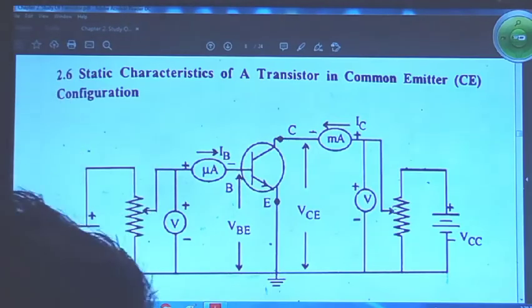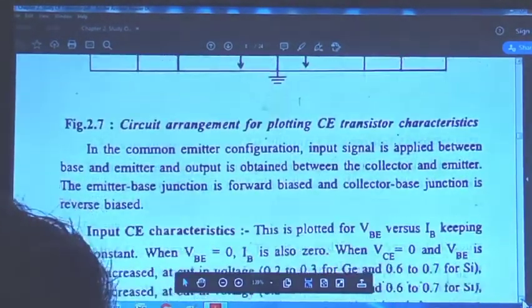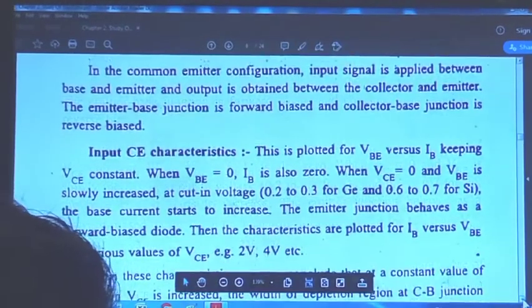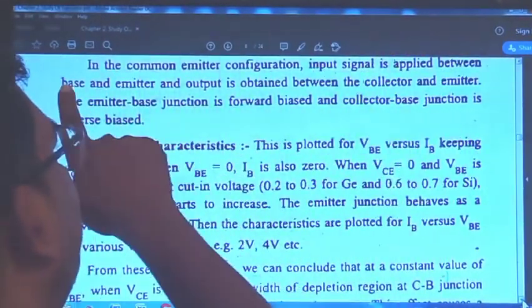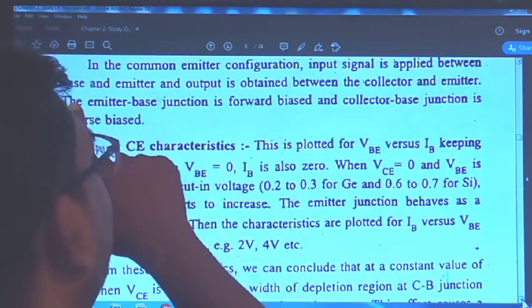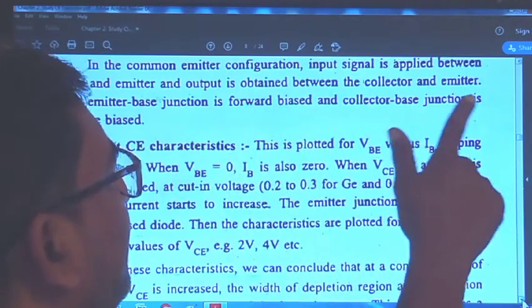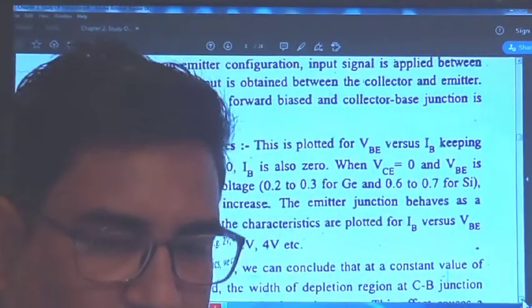Now coming back to our main topic, in this common emitter configuration, the input signal is applied between the base and the emitter. Output is obtained between the collector and the emitter. The emitter base junction is forward biased and the collector base junction is reverse biased, as I told you just now.